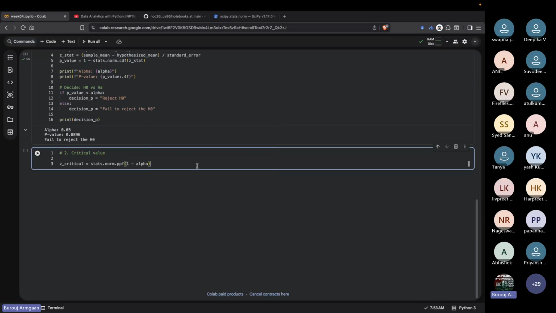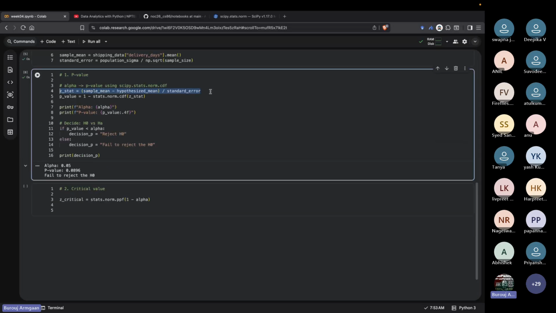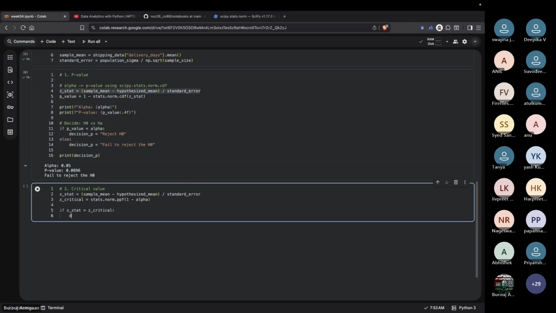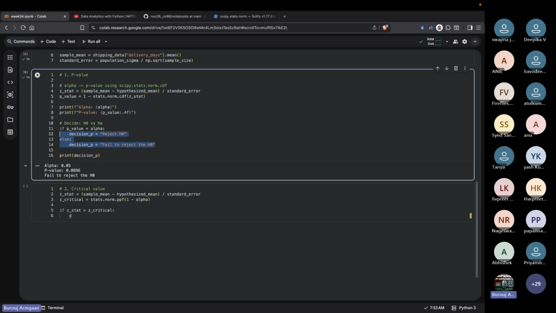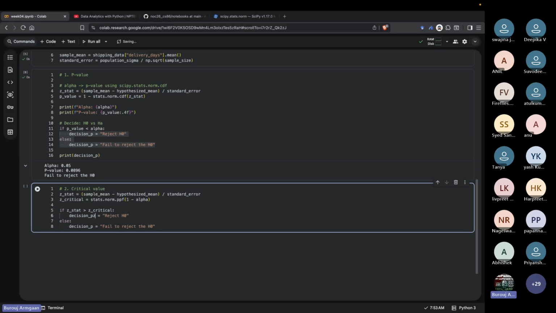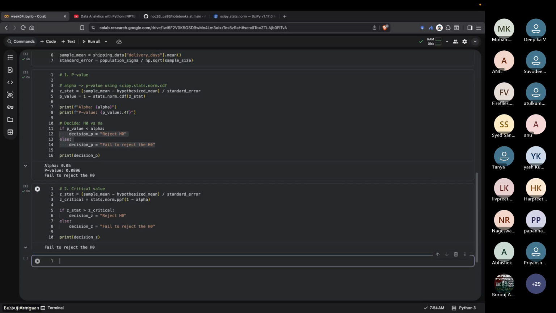So you have z critical, and how do you decide? You already have the z stat. If you would like, you can recompute it. To make a decision, you can say if my z stat is greater than my z critical, then we reject. You can call it decision z, and we print decision z.